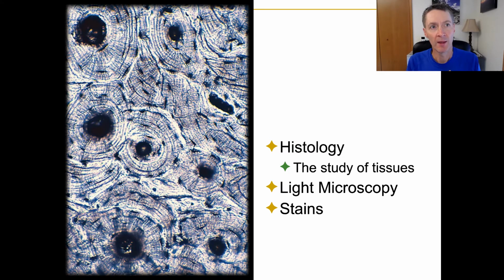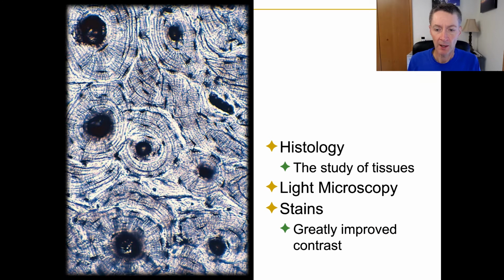And it so happens that the textile industry, believe it or not, and the idea of applying dyes to fabrics to give us all these different colors of our clothing actually gave some scientists some crazy ideas that we could apply these dyes, these stains, to these samples of tissues. As soon as they added these dyes, which were borrowed from the textile industry, this greatly improved the contrast of what was in these cells, what was in these preparations.